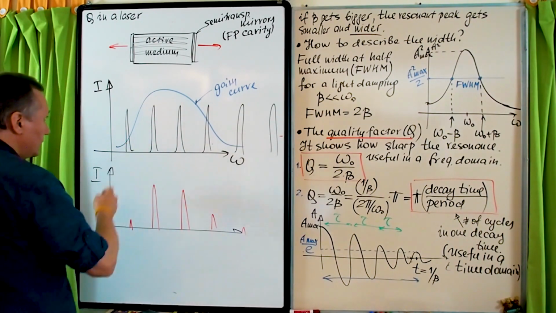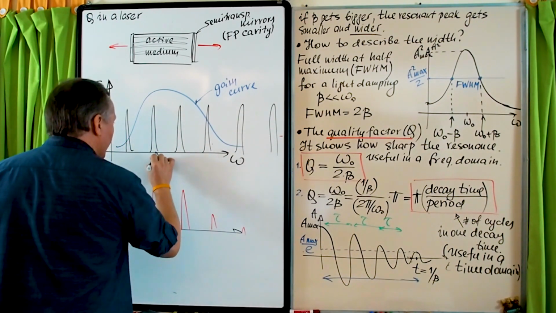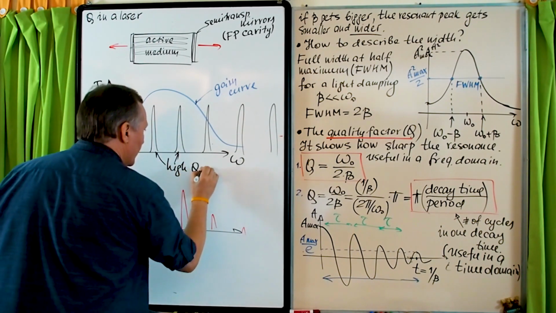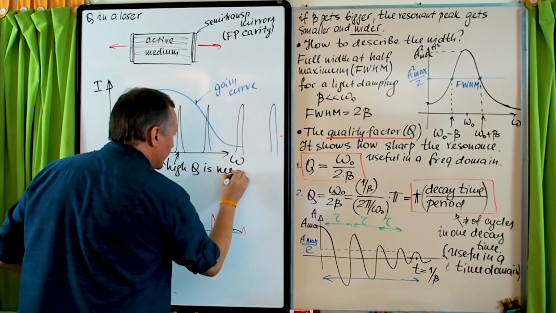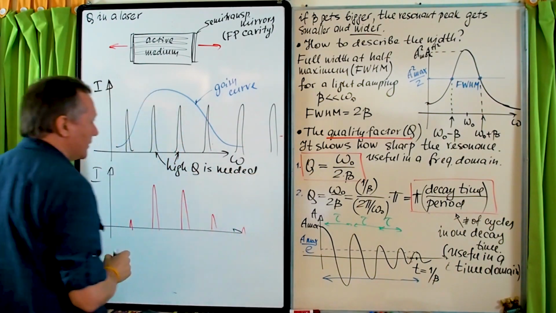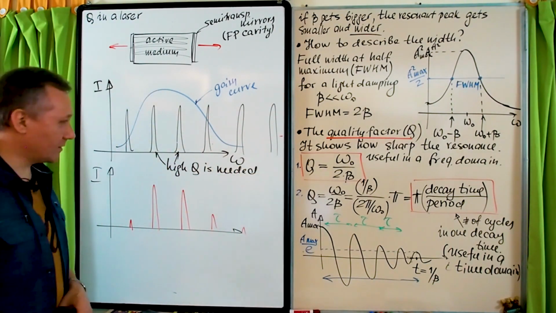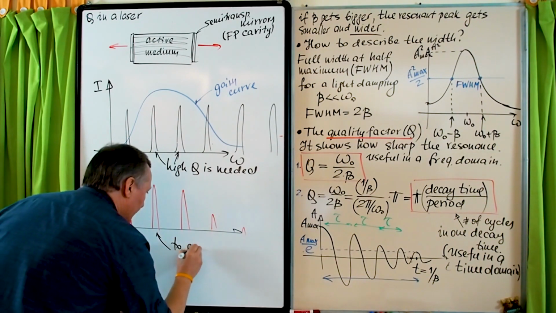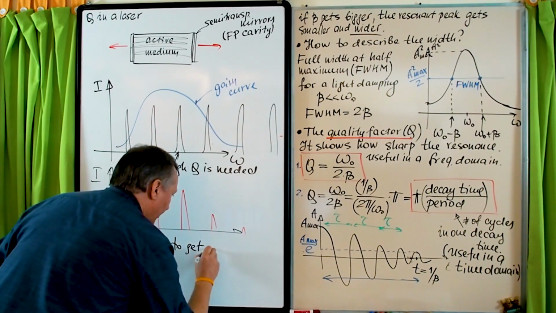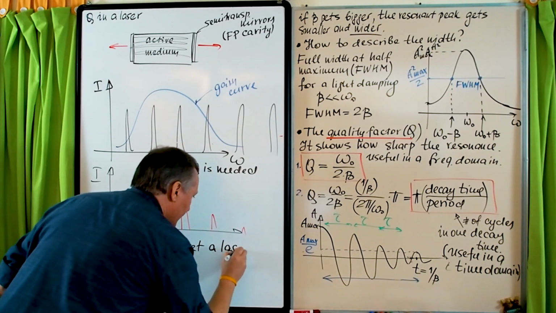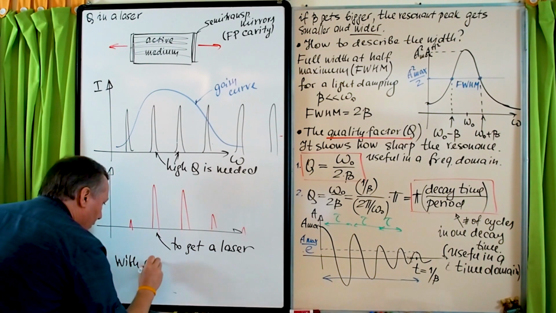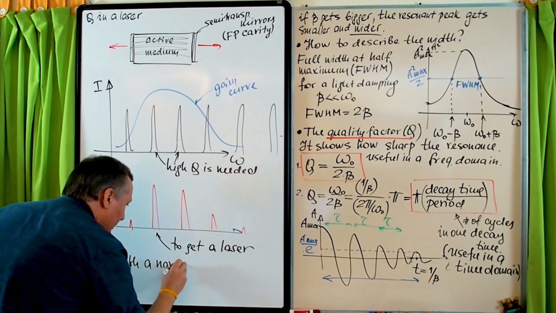Let me show that. Here, high Q is needed so that these resonances give a laser with a narrow line width.